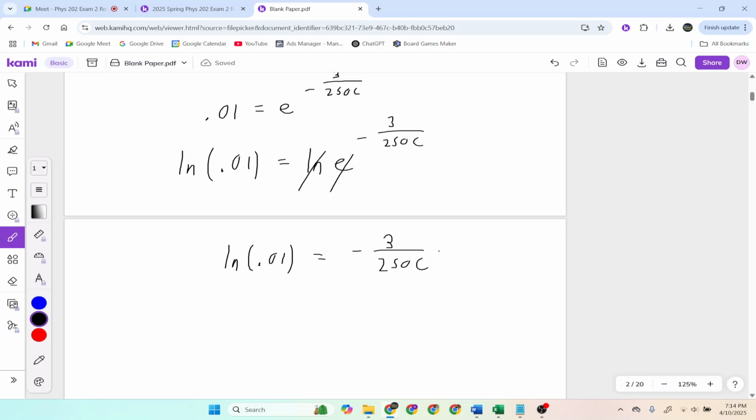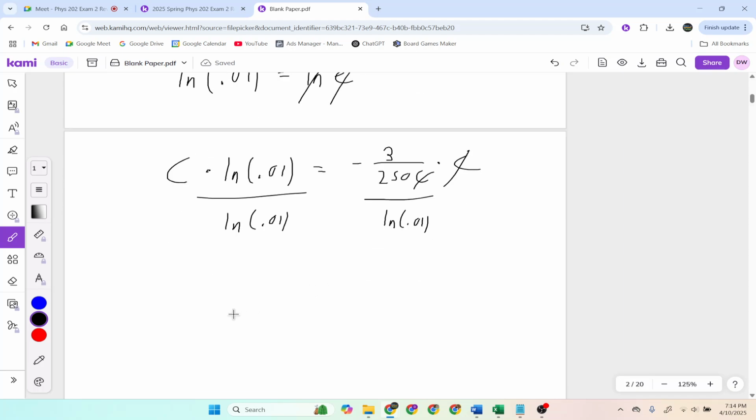From here, I multiply both sides by C. If you want to multiply by 250C, you can, but you're going to divide the 250 in the next step anyway, so I'm not going to. And then the last step is divide both sides by natural log of 0.01. And that will look like this.